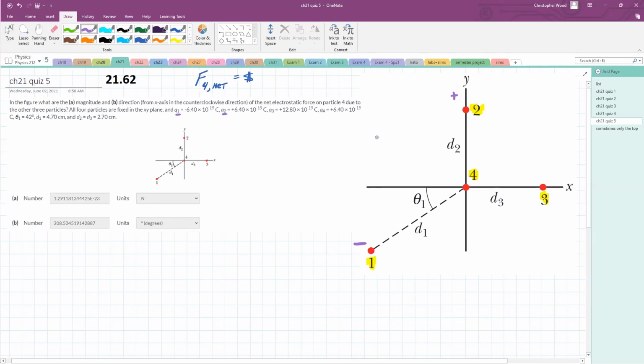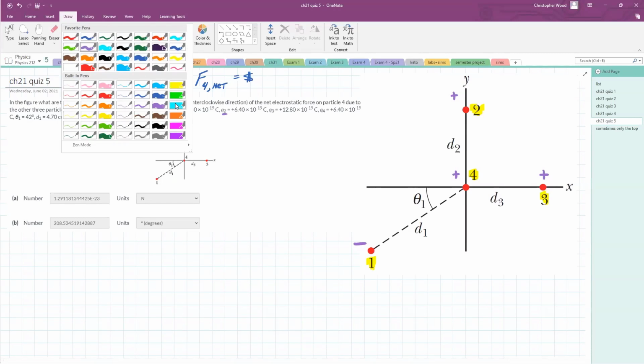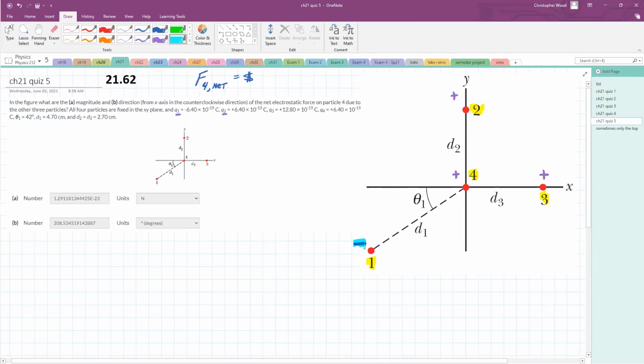Q3 is a positive charge. Q4 is also a positive charge. Let me double check. Q1 is negatively charged. Yes. Q2 is positively charged. Yes. Q3 is positively charged. Yes. Q4 is positively charged. Yes.